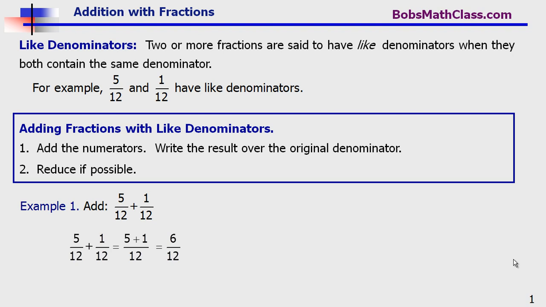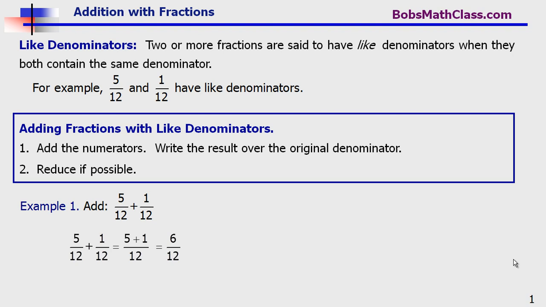Now, can we reduce that fraction? You could use either method. You could use the prime factorization method, where you find the prime factorization of both numerator and denominator. It takes a little bit of work, or you could try to find the largest number that goes into both numerator and denominator, the greatest common factor.